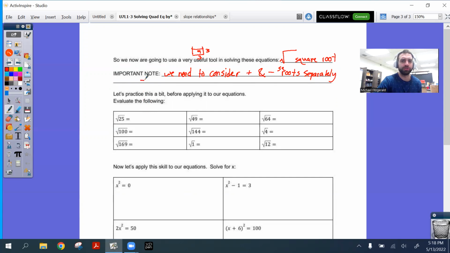And also, every square root has a positive and negative answer, with the exception of 0 and negative numbers. Every possible square root has positive and negative solutions.